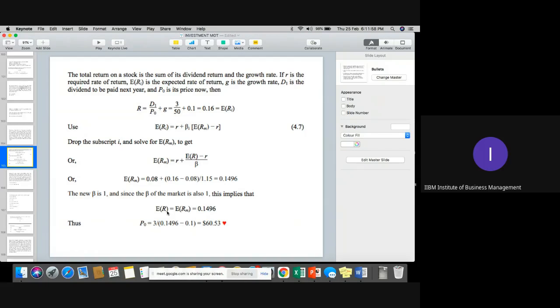So in such a case, ER equals ERM, that is 14.96%. So now we need to calculate the new price of the share when the beta is equal to 1. In such a case, your price should be dividend upon your ERM, 14.96, minus risk return.